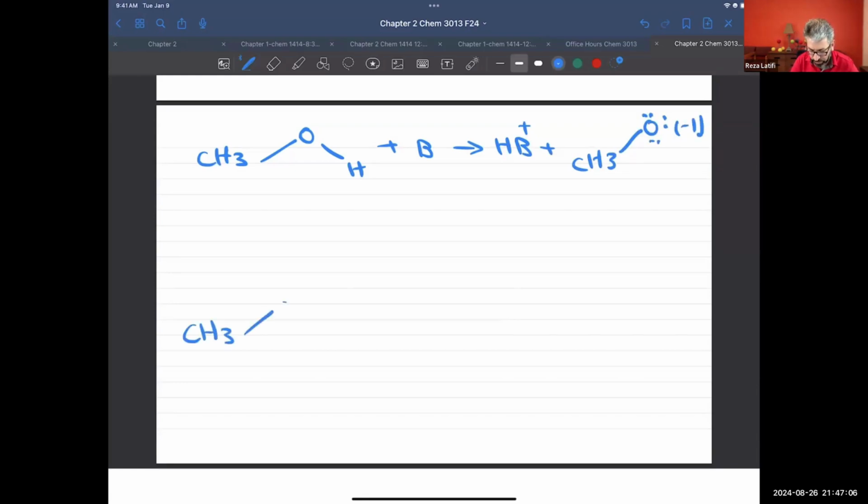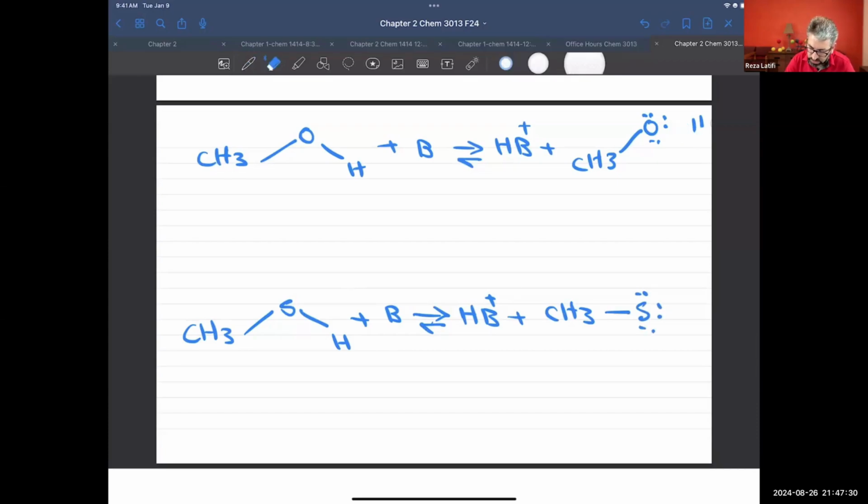CH3, S, H plus B. Let's say we are dealing with equilibrium. We get HB, and then CH3 attached to sulfur, and sulfur has 3 lone pairs. I can draw the same thing for it here. This is oxygen, -1.